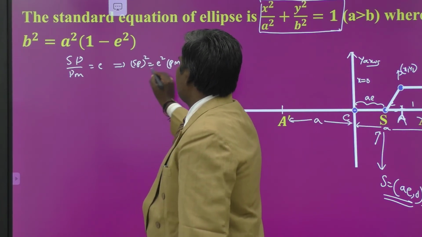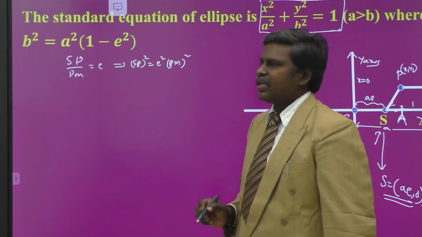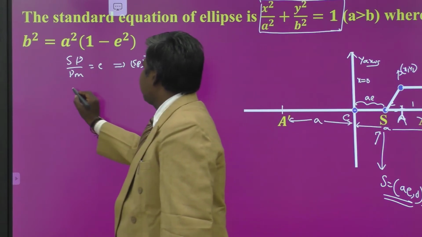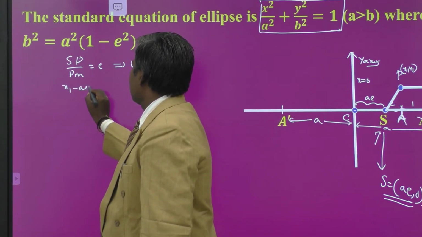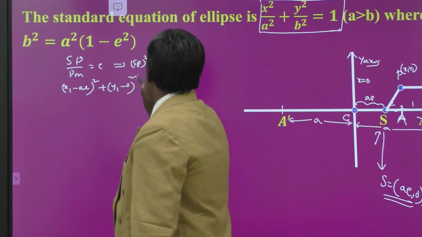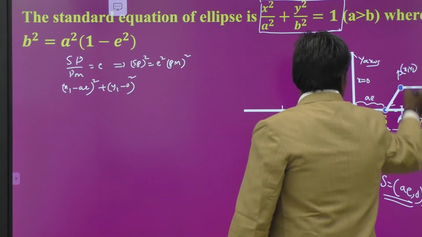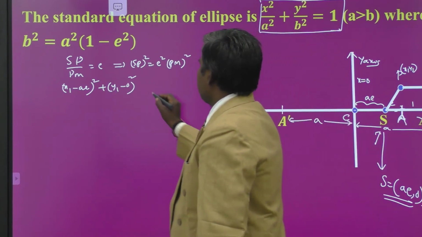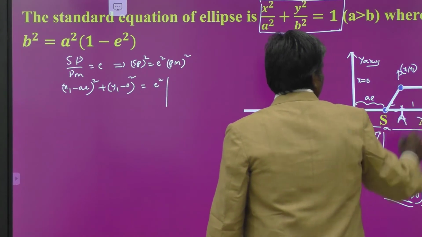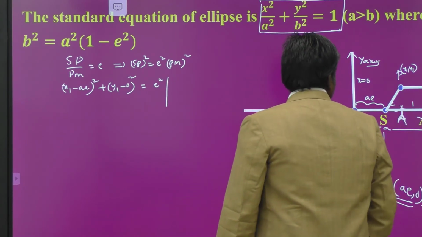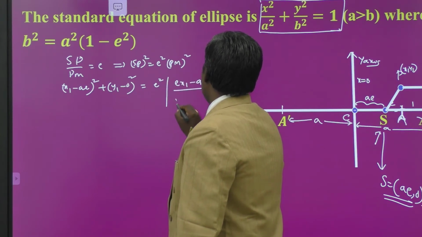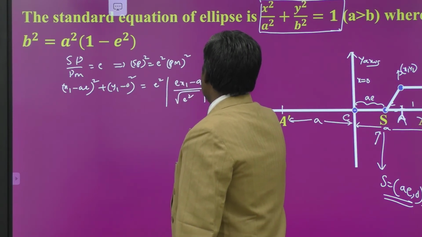Here the left side is a two-point distance, the right side is a perpendicular distance. So SP square is x1 minus ae whole square plus y1 minus 0 whole square. That is equal to e square into PM square, where PM is the perpendicular distance from P to directrix, that is ex1 minus a by root of e square, whole square.